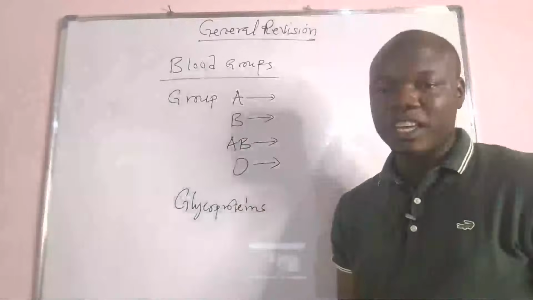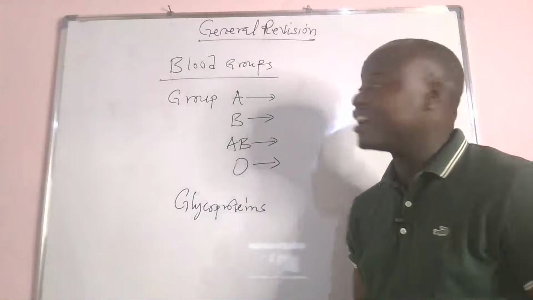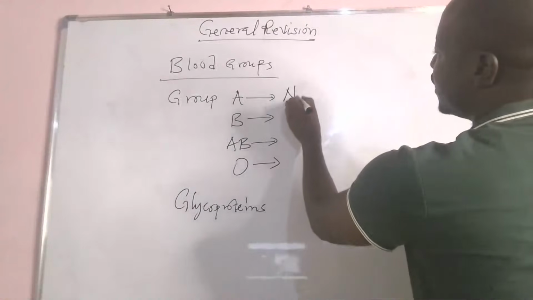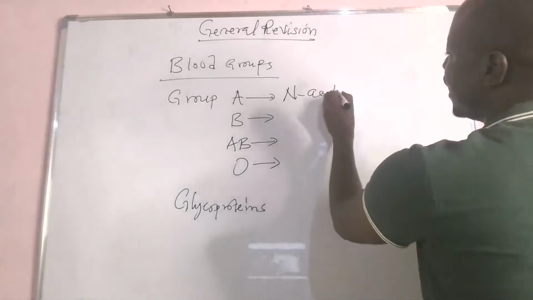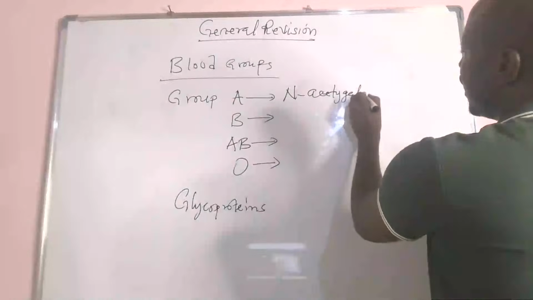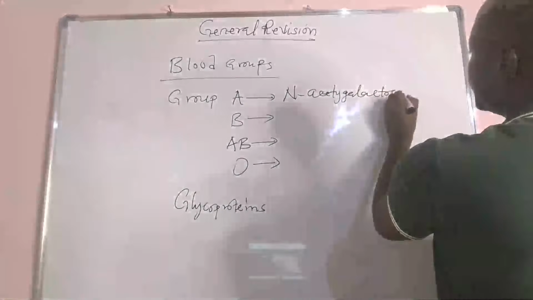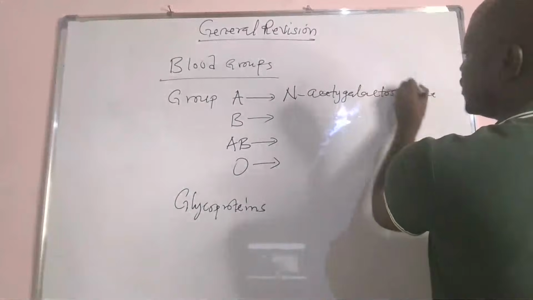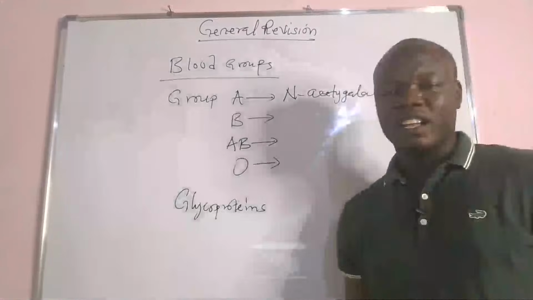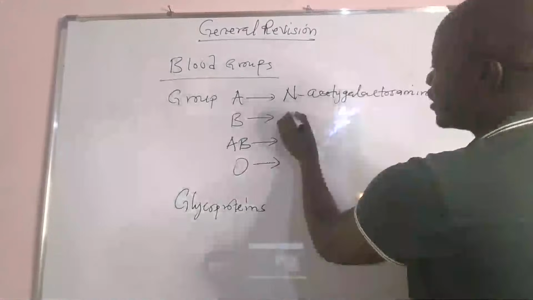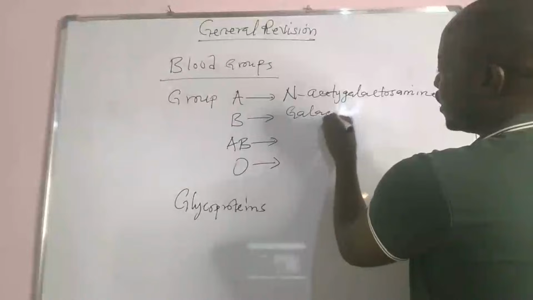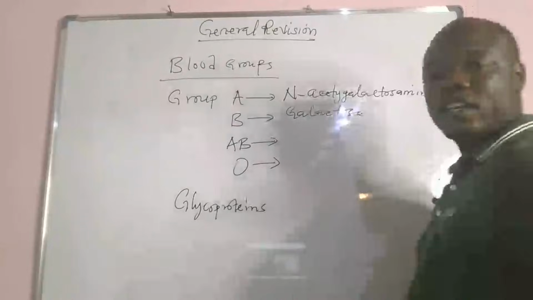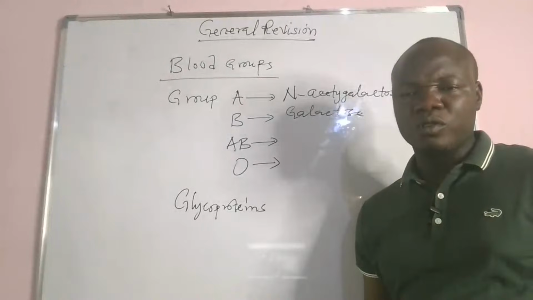Okay, blood group A is N-acetyl galactosamine. Yes, I agree. Then B is galactose. And then which one for blood group AB?